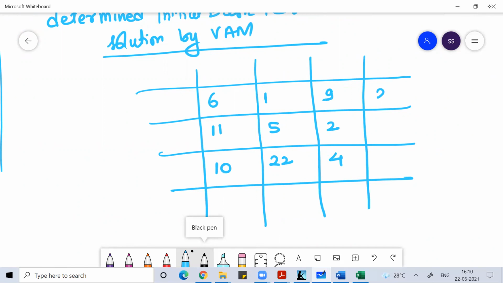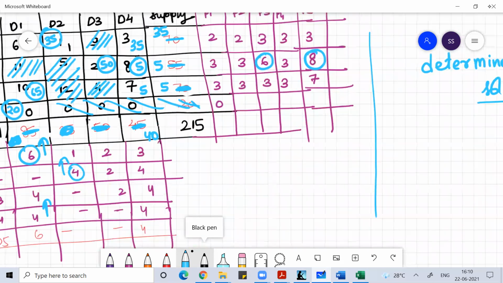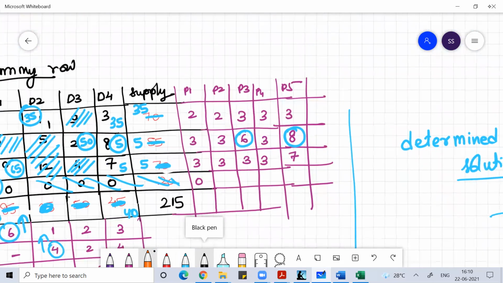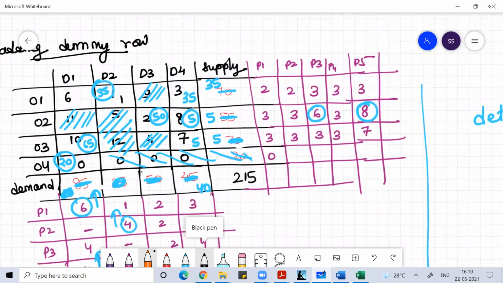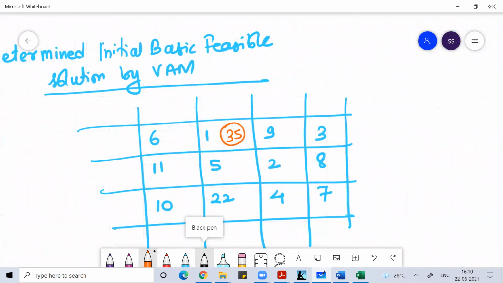Then this is 3, 8, 7. Okay, so the allocation you did was 35 on 1, and again on 3, 35.